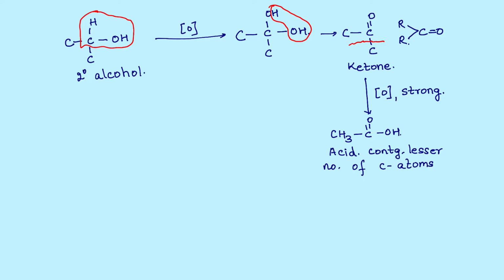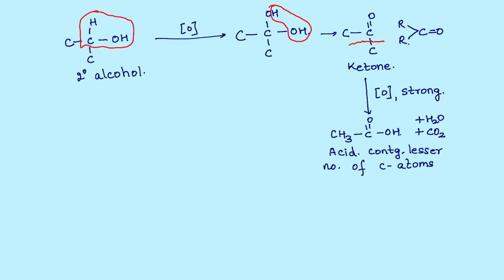And of course we'll have carbon dioxide because the alkyl group over here will get oxidized. So we may end up having carbon dioxide and water as some of the side products.